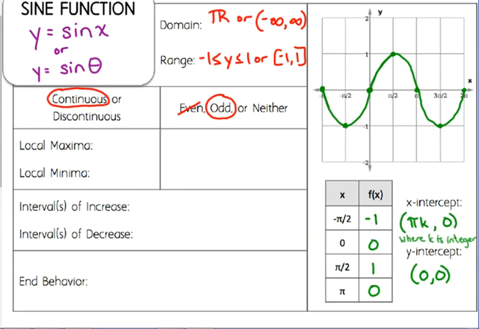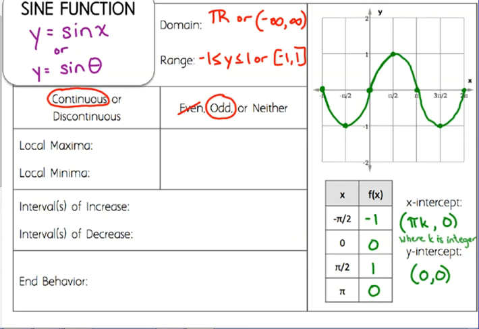All right, local maxima. Now that's the plural of the word maximum. They're not maximums. We call them maxima. Because we have this pattern that's repeating, we're going to have a bunch of maximum values that we hit here. They're all the same, right? They all have a maximum y value of 1, but they occur at a bunch of different places.